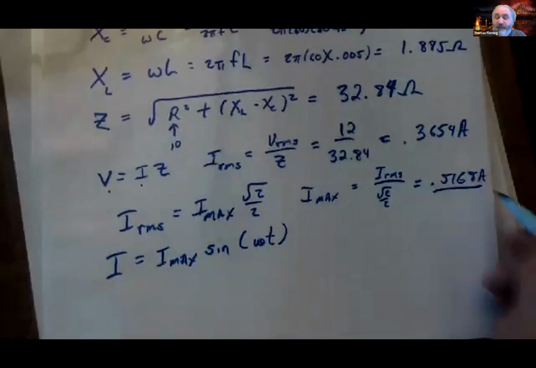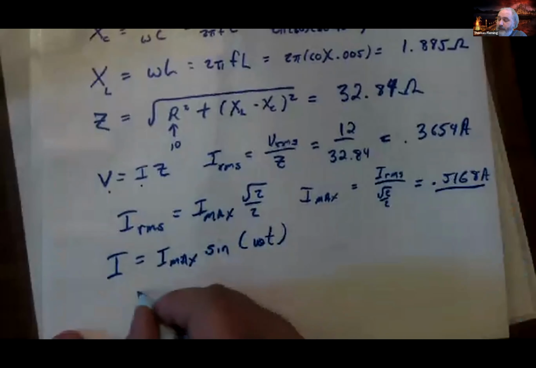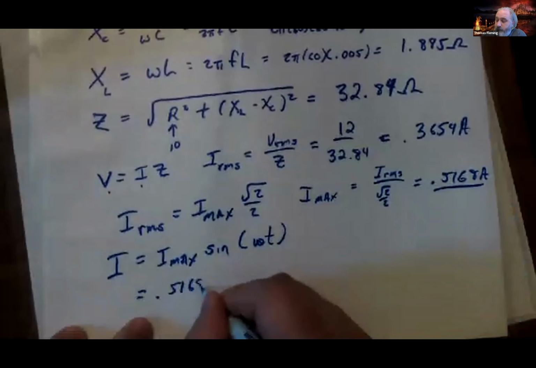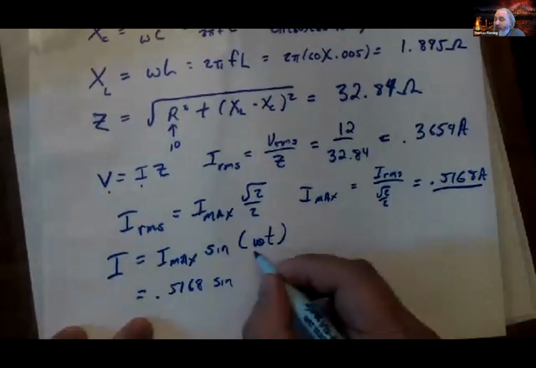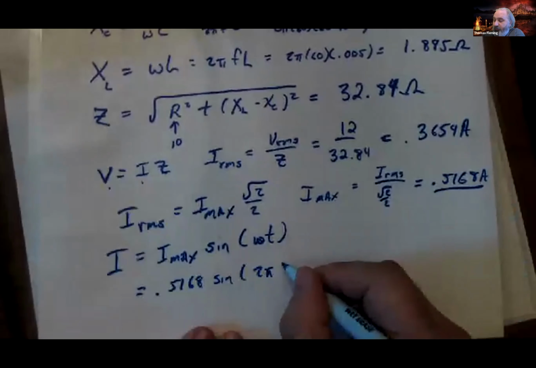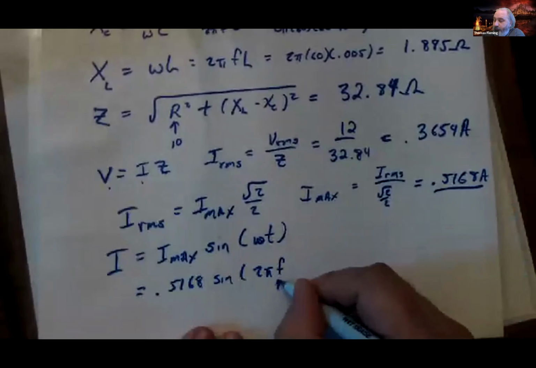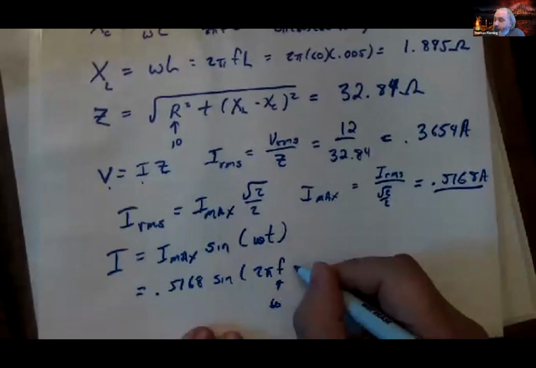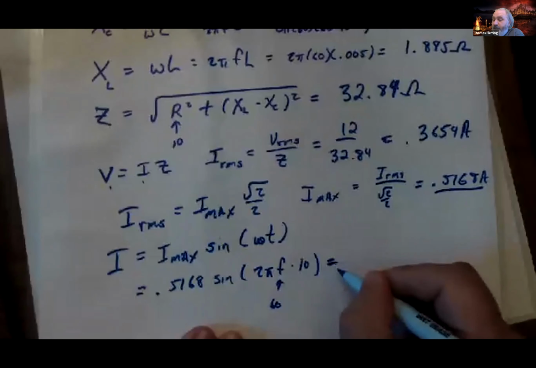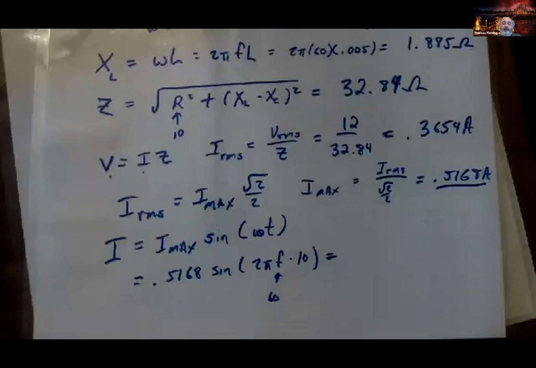And that's I max. So I can just plug in. Of course, omega again is 2 pi f. So 2 pi times f, which is 60, times t, which was 10. And that's going to put out a value for myself.